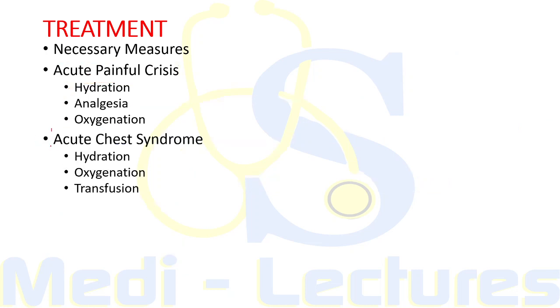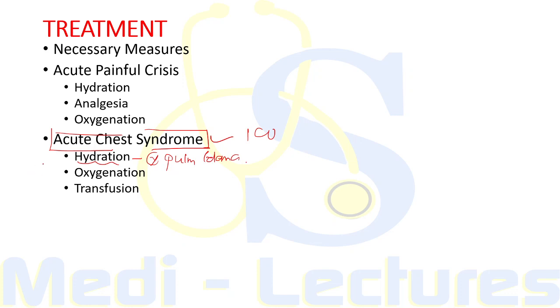Now, coming on to the treatment of acute chest syndrome, first of all, it is a medical emergency that requires management in ICU. It involves hydration, which should be monitored carefully to avoid the development of pulmonary edema.